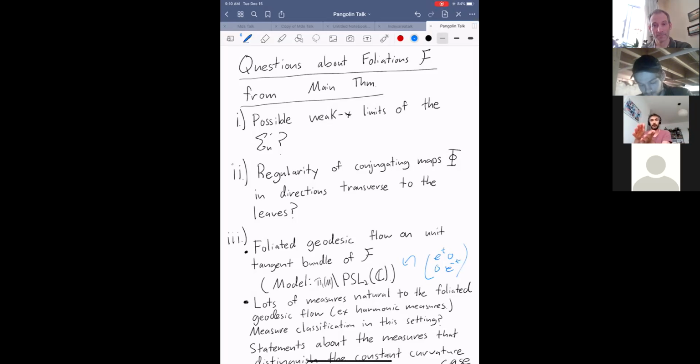So they define what you do. You have a foliation. You look at how leaves separate. And how do you do this? You draw some path in the leaves, and you see the holonomy along this path, and you count how many paths you have that separate leaves. This gives you a notion of topological entropy, which coincides with the topological entropy of a flow when your foliation is of dimension 1.